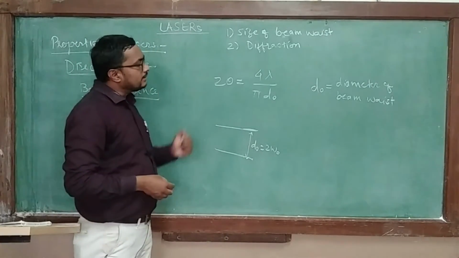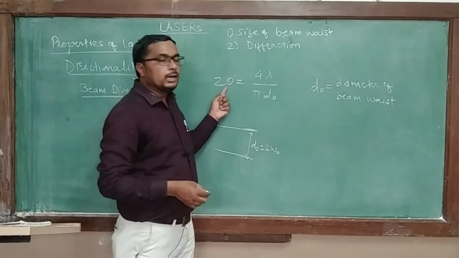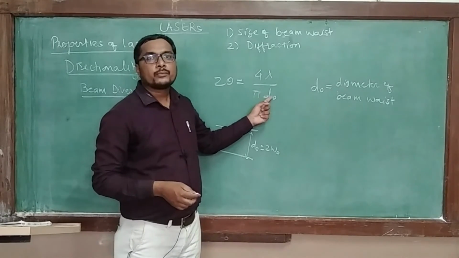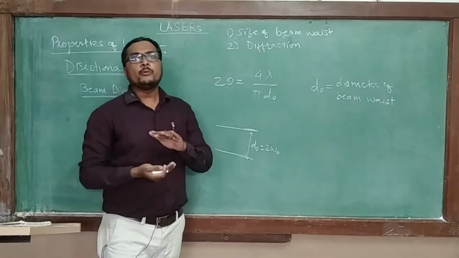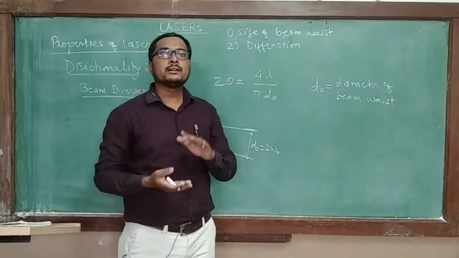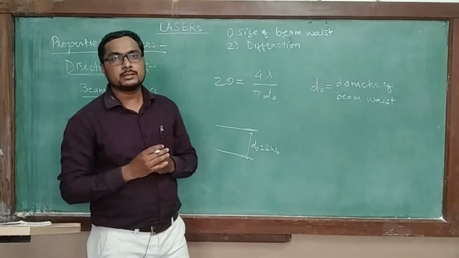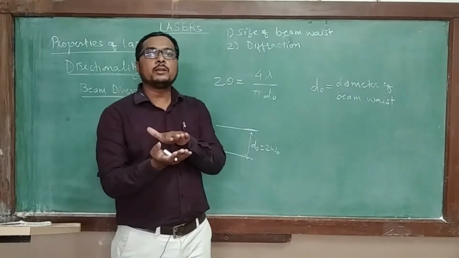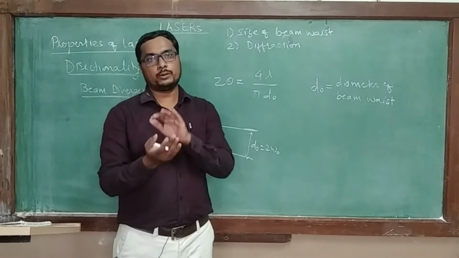One can see from this equation that the full angle beam divergence is inversely proportional to the beam waist, right? So the smaller the beam waist, the larger the divergence angle. That means lasers having a small beam waist diverge more, right?